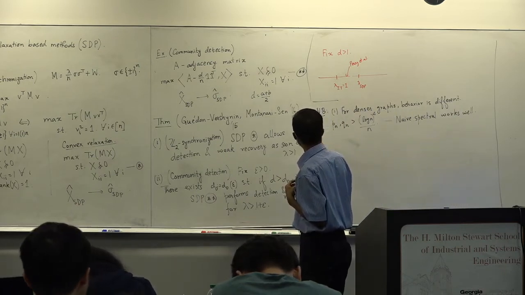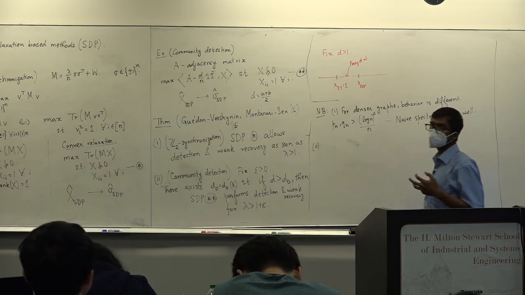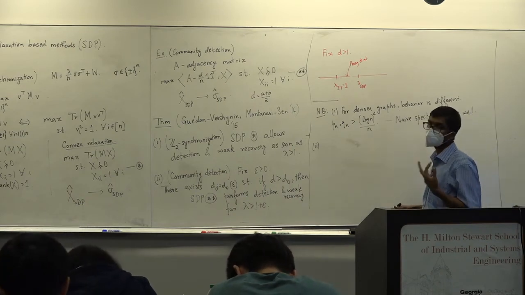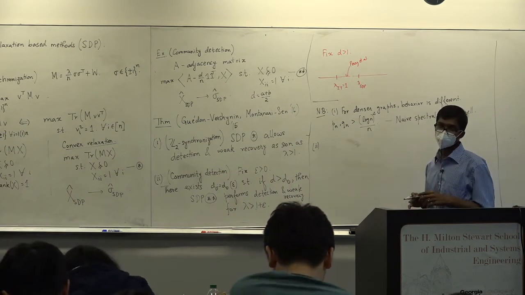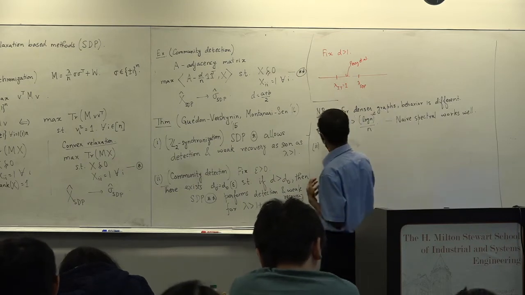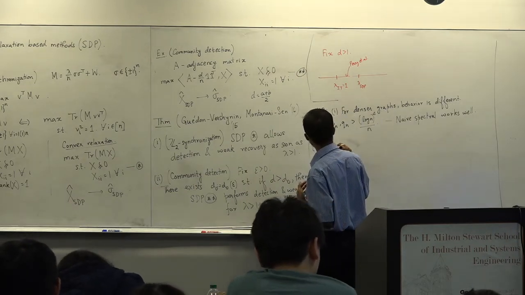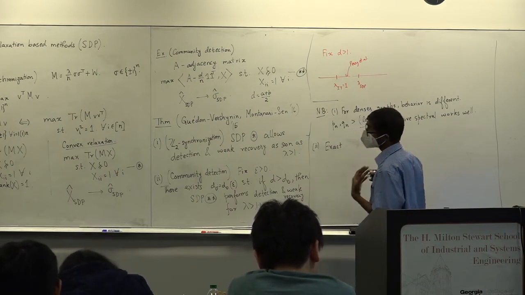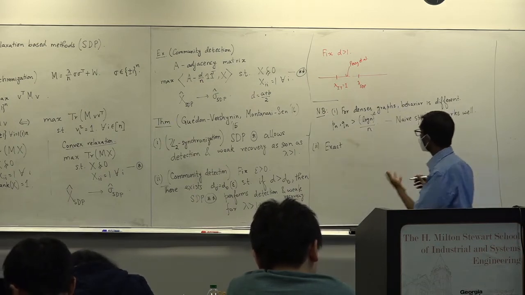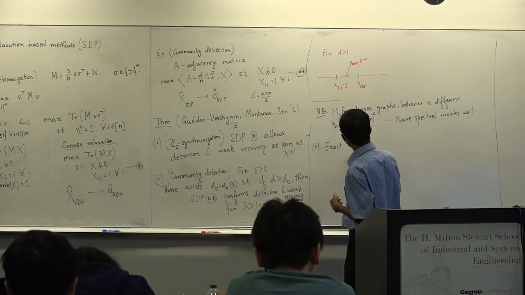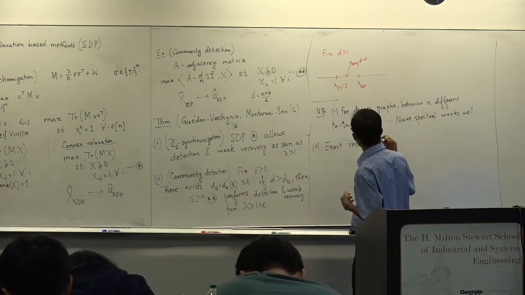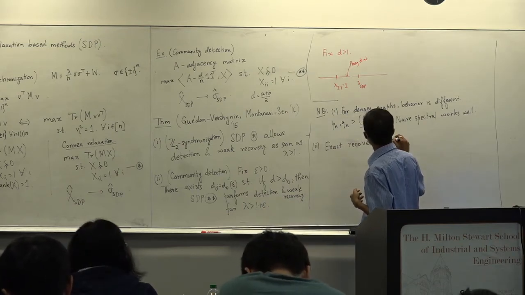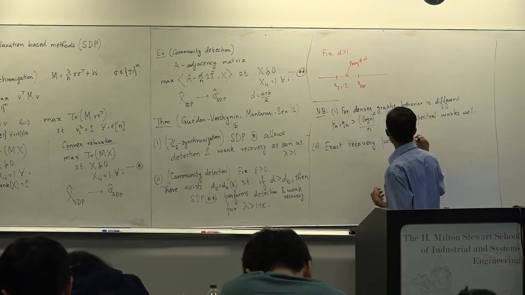Even the behavior of the problem is quite different. If you have many more edges, you can actually try to do more. In fact, once the degree is at least logarithmically growing, you can go beyond weak recovery. You can actually look for exact recovery, possible in denser regimes.